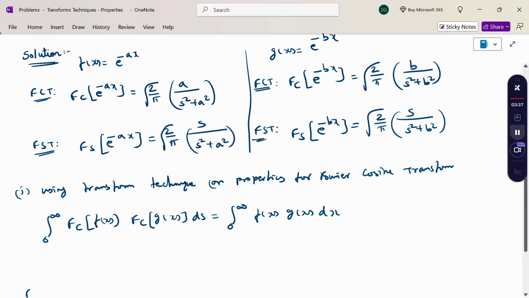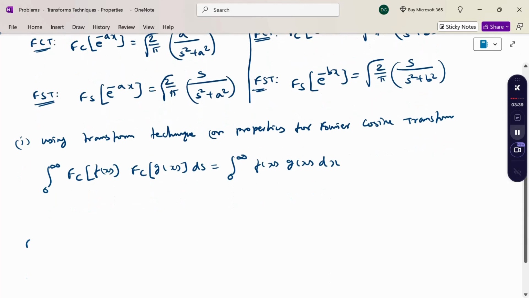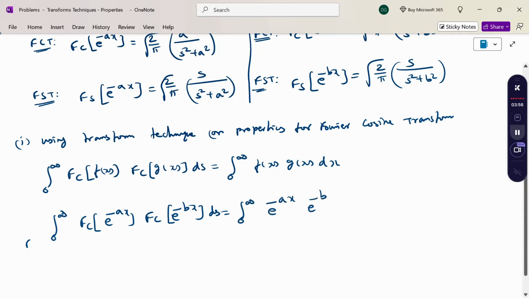Now substitute the values: integral from 0 to infinity of the Fourier cosine transform of e power minus ax and the Fourier cosine transform of e power minus bx ds equals integral from 0 to infinity of e power minus ax e power minus bx dx.